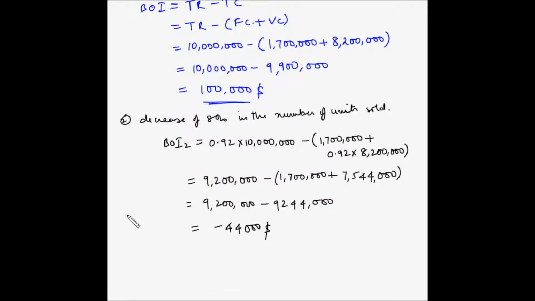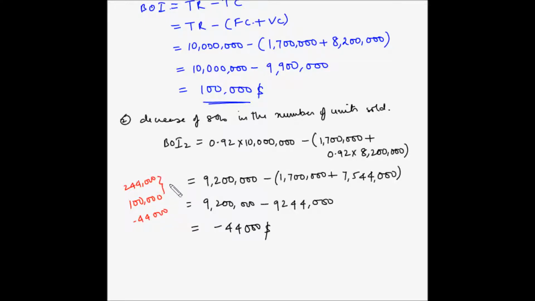So now, based on these calculations, $100,000 was the original budgeted operating income. If we increased the number of units sold by 8%, we got the BOI as 244,000. And if we decreased the number of units sold by 8%, we got minus 44,000.